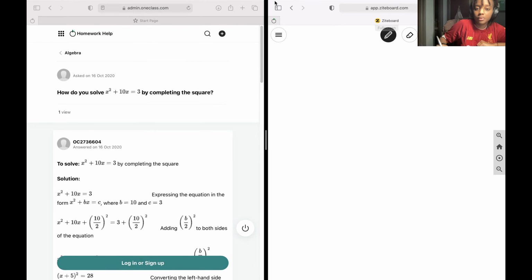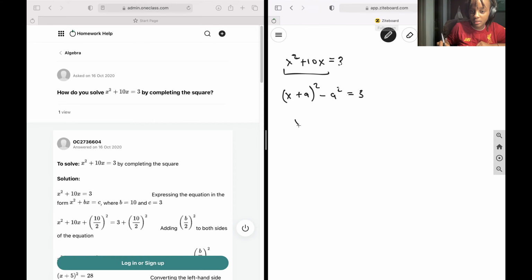Okay, so we want to know how to solve x squared plus 10x is equal to 3 by completing the square. So we know that we want to write this in the form of (x plus a) squared minus a squared is equal to 3.